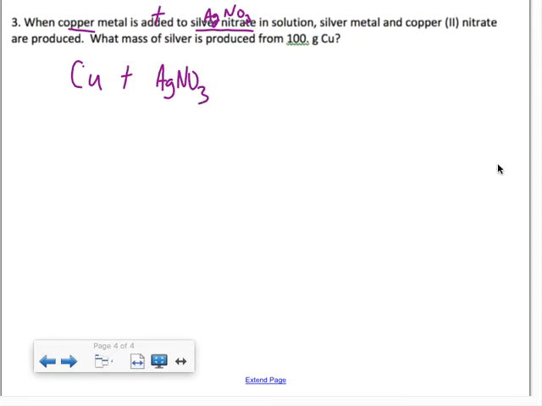It says silver metal and copper 2 nitrate are produced. So it produces silver metal, which is just Ag, plus copper 2 nitrate. That means this copper has a +2 charge. Nitrate is polyatomic, it's -1. So that means I need 2 of them, right? So it's going to be Cu(NO3)2.